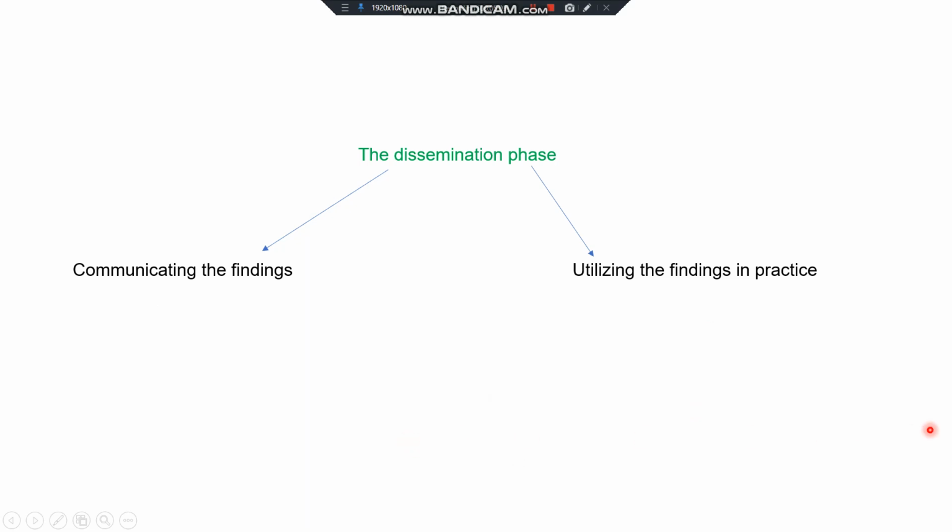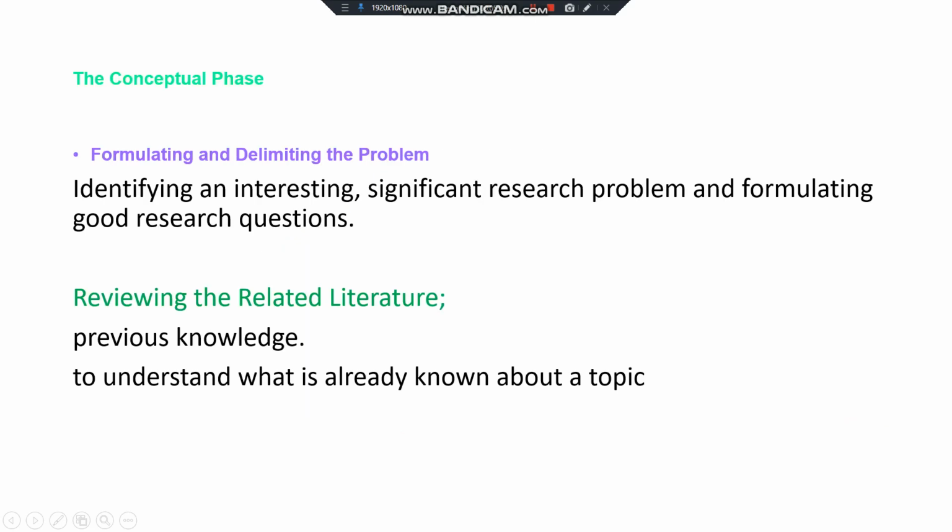First one, in the conceptual phase, is formulating and delimiting the problems, or we can say identifying the research problems. How can we identify the research problem? What is your suggestion?